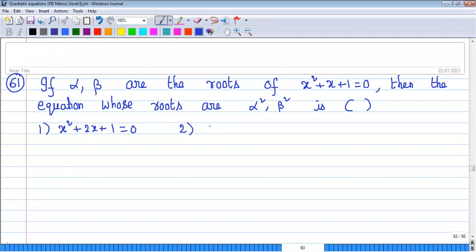Second option x square minus 2x plus 1 equals 0. Third one x square plus x plus 1 equals 0. Fourth one x square minus x plus 1 equals 0.